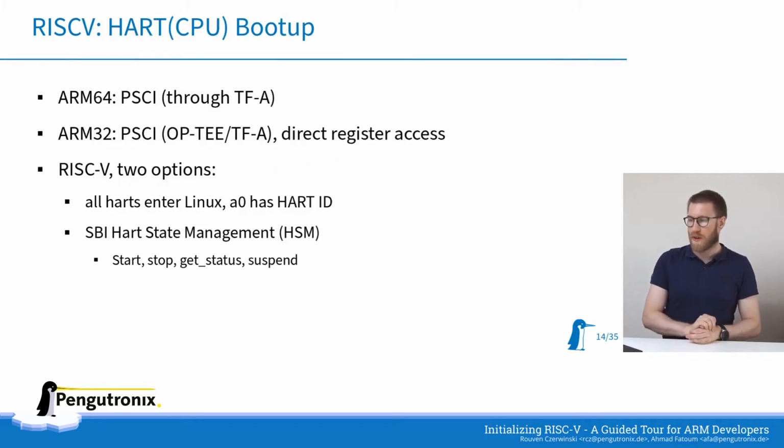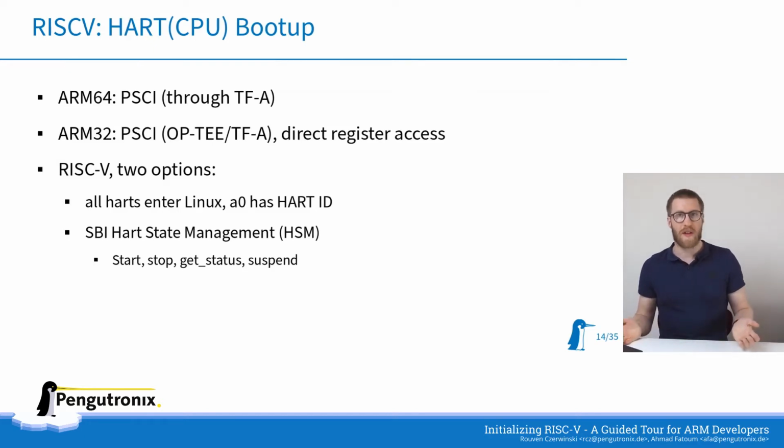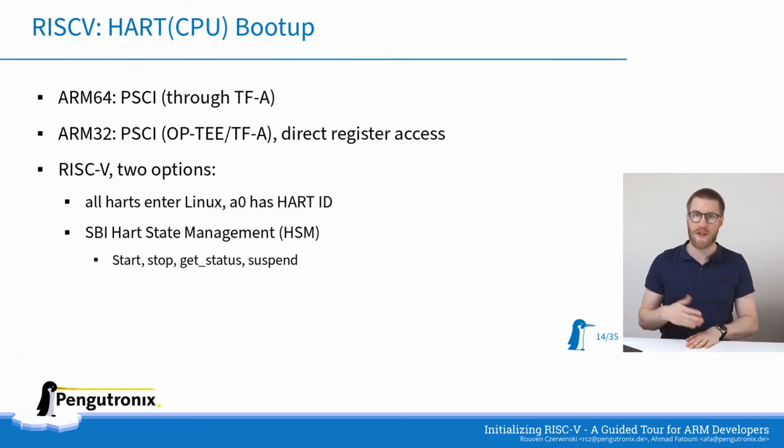A short word on RISC-V HART CPU bootup. So if you have a simultaneous multiprocessor system, you will not only have one CPU but multiple CPUs. In RISC-V, those are called hardware threads.